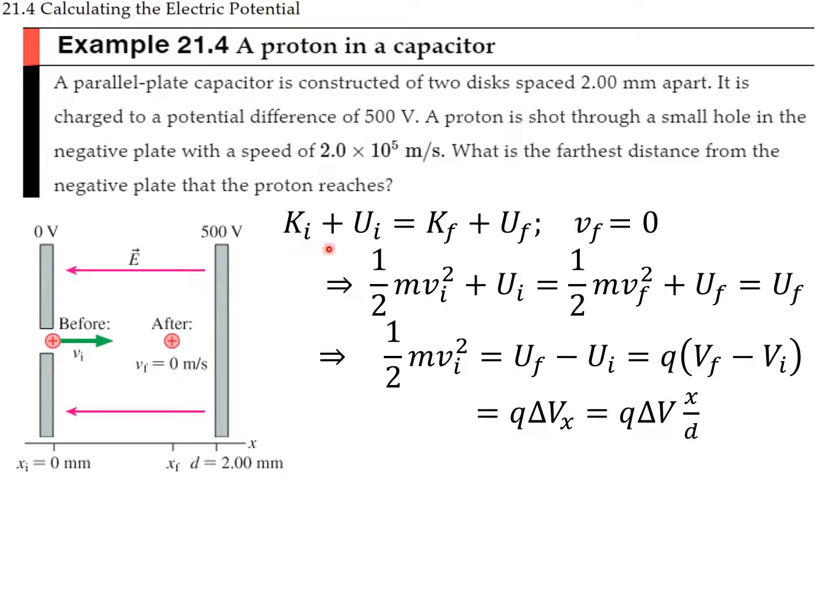So we say initial energy equals final energy. We know that in the end the velocity is going to be 0, so the kinetic energy in the end is going to be 0. So from here we can solve for the final potential energy.